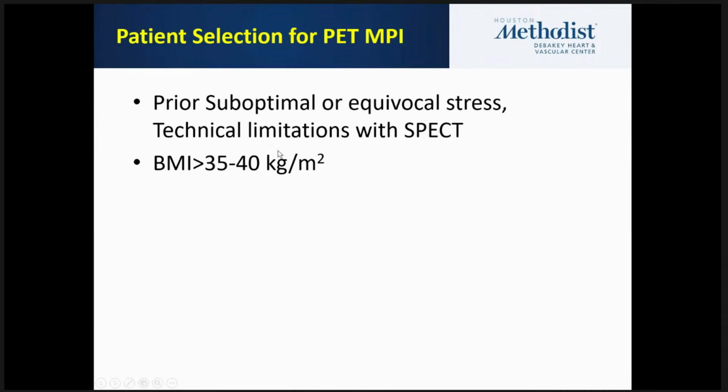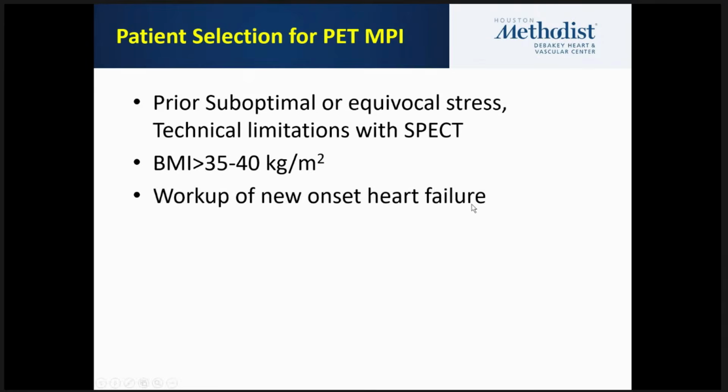If they have a BMI of 35 to 40 kilogram per meter square, some insurances accept 35. Some insurances are very strict about the 40 number. And these are the patients that would benefit from PET myocardial perfusion imaging.